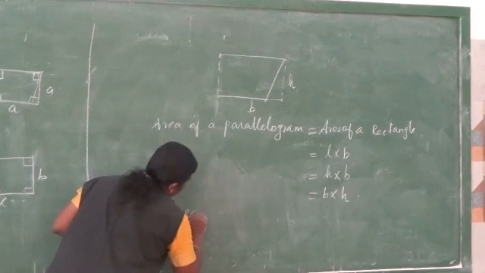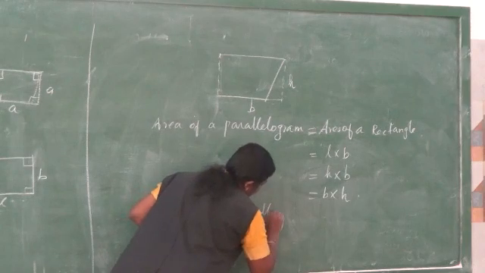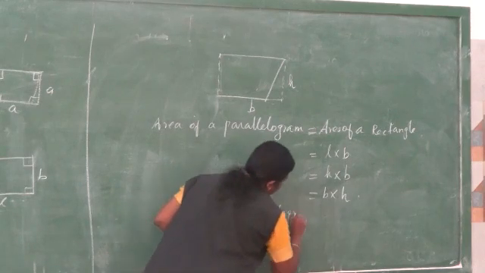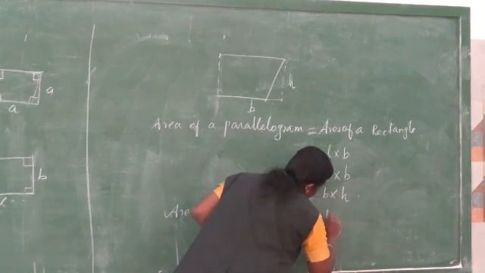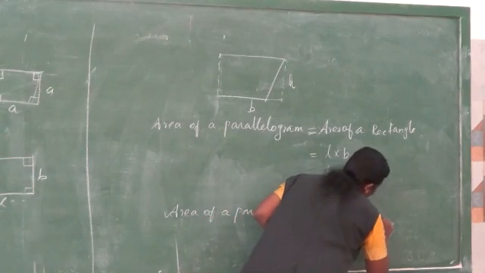So what is the formula for area of a parallelogram? B into H square units.